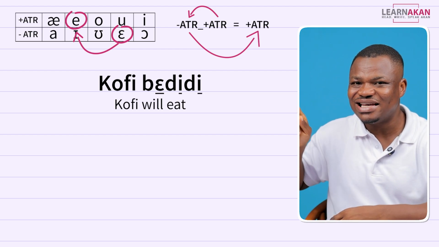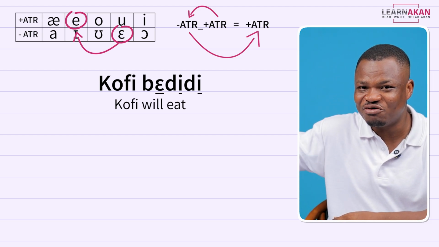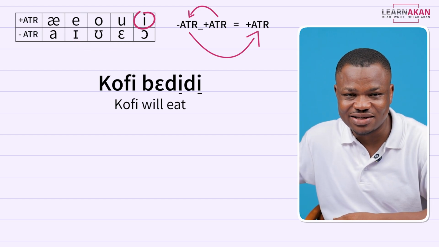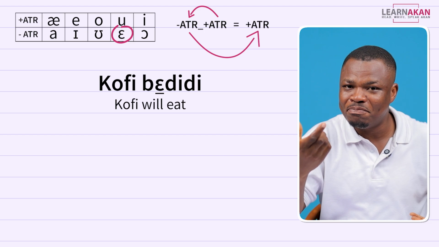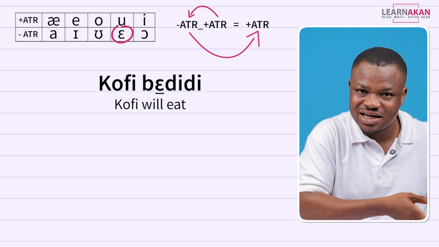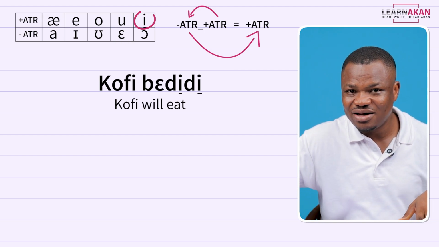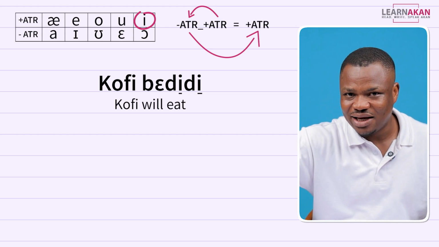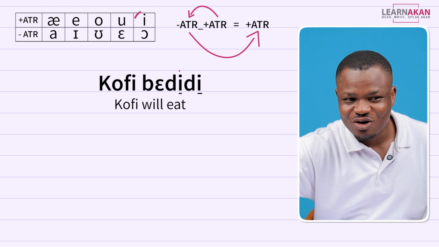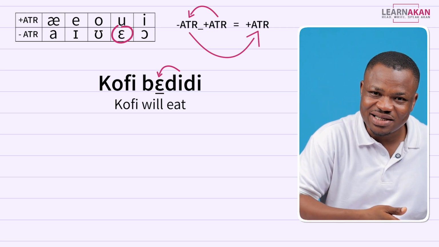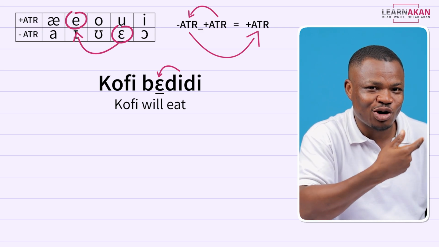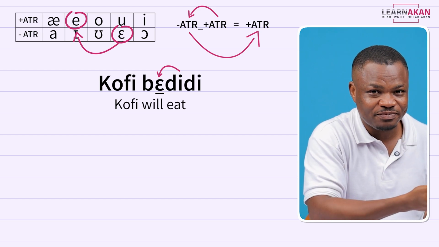Why? Because there's e, right, in the verb, right? This e is from the plus ATR set. So while we have the e in be from the minus ATR set, once there is e from the plus ATR set coming after this e, the e, which is plus ATR, causes the e, which is minus ATR, to change into a plus ATR equivalent, which is a.